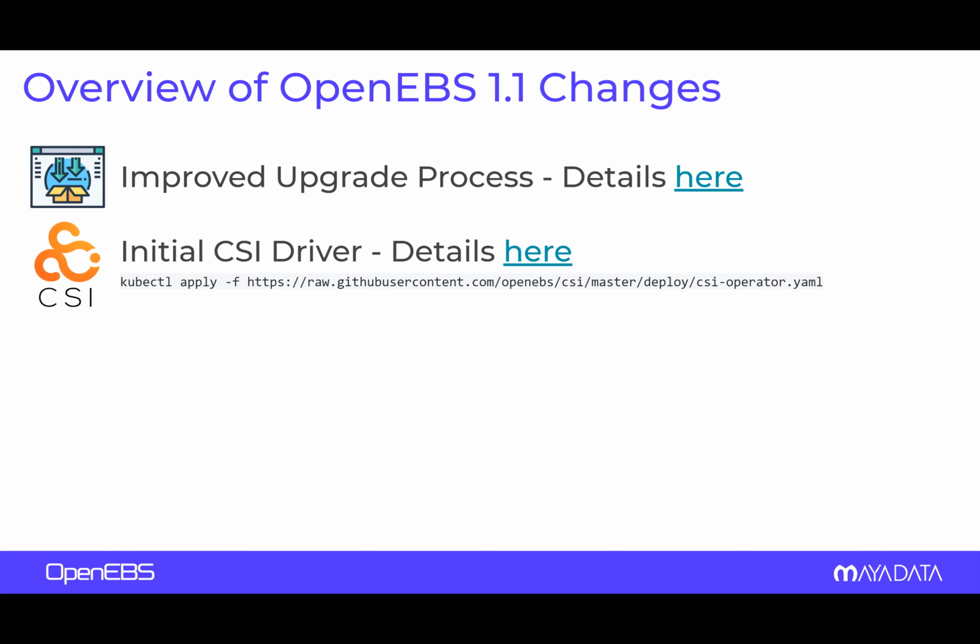The CSI driver also requires a shift in the design of how the configuration of the storage class parameters should be passed on to the drivers. We want to keep this seamless. Please let us know if you have any input and on what you notice as some of the nice to haves as we shift towards the CSI driver.